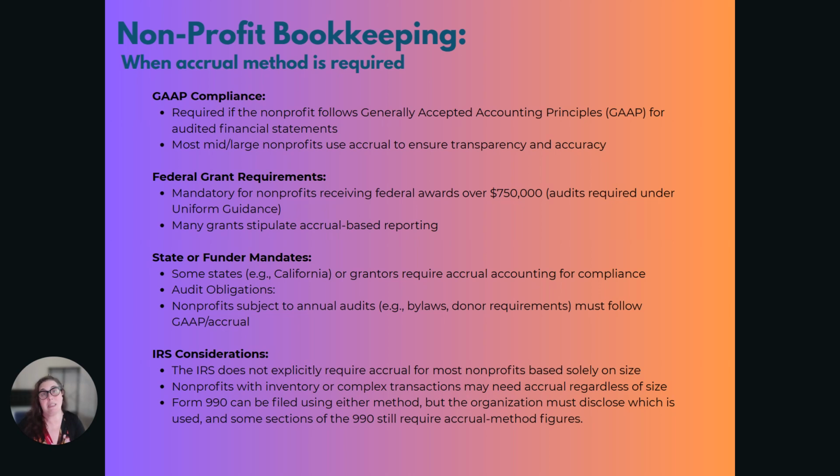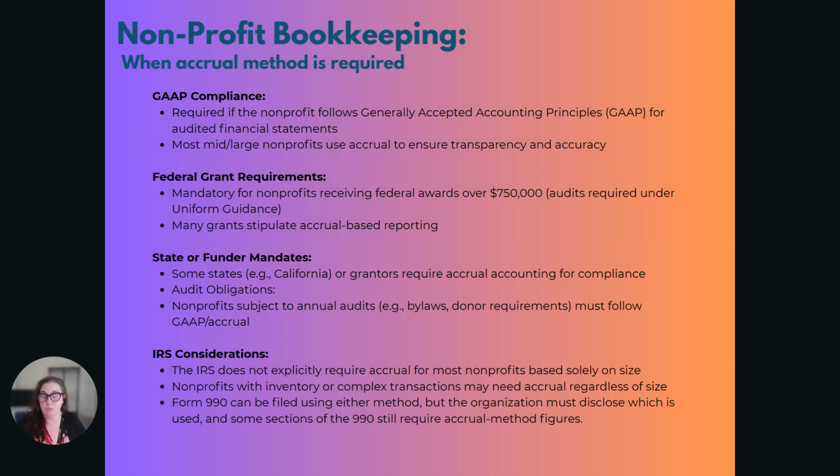So even if the grant's less and it's not technically required under regulations, it could be required by the grant itself. Then there's state considerations. California, for example, requires accrual-based accounting. So you need to look at the state regulations, because it may not be a federal regulation, it may not be a grant regulation, but it could be a state regulation.